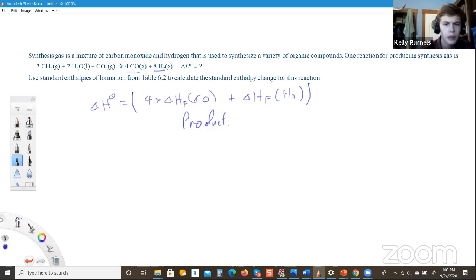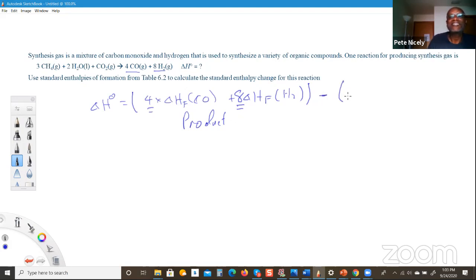Yes, very important point. Multiply each of them by their respective coefficients. Okay, then we do the same thing for the reactants, all right? There are 3 reactants. You have methane, so 3 times enthalpy of formation of CH4 plus 2 times, and by the way, the state symbols are very important.